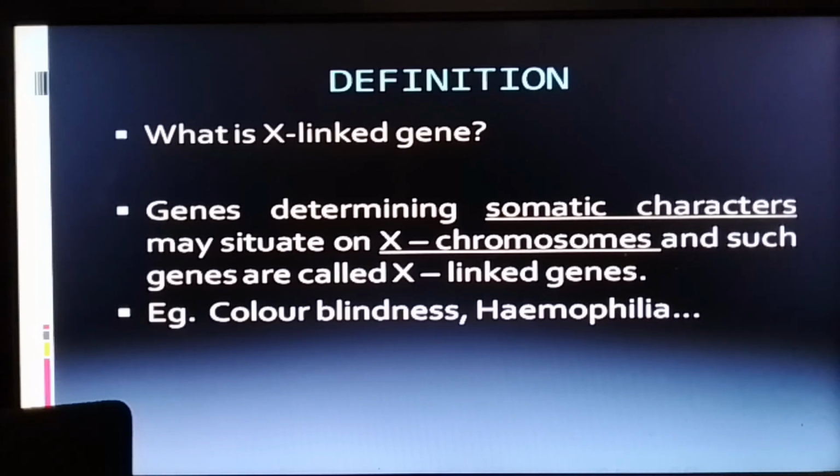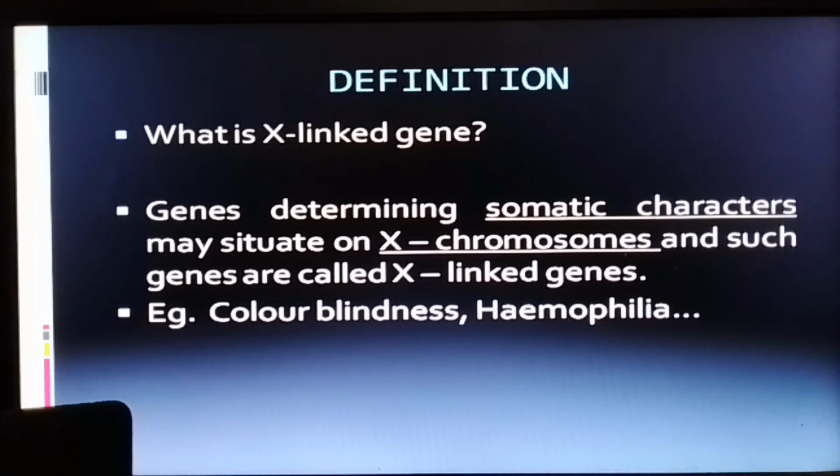Such characters do not work according to the gender of the individual, whether male or female. In both, the blood clotting process may occur in a similar way, not showing any difference according to the gender of the individual. It does not matter whether it is female or male. That way I want you to understand pure somatic characters, independent of the gender of the individuals.